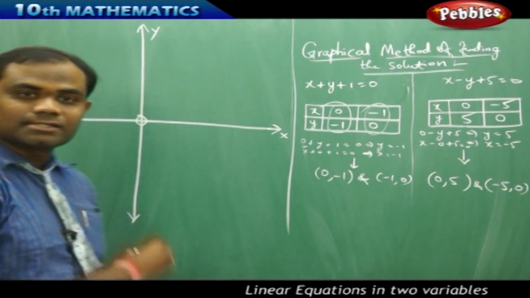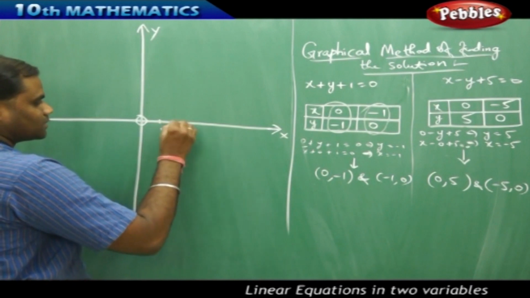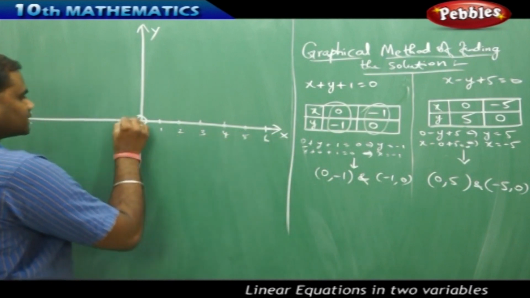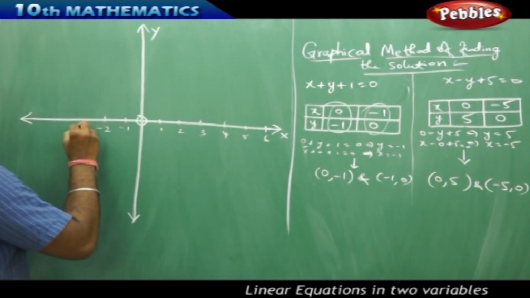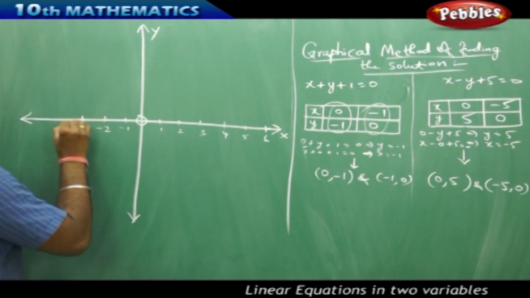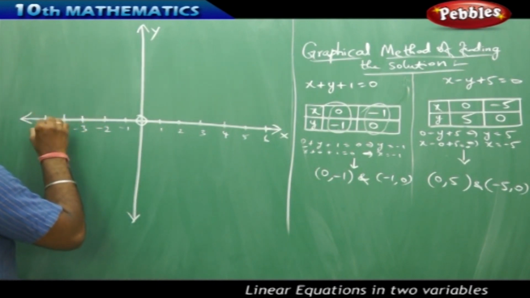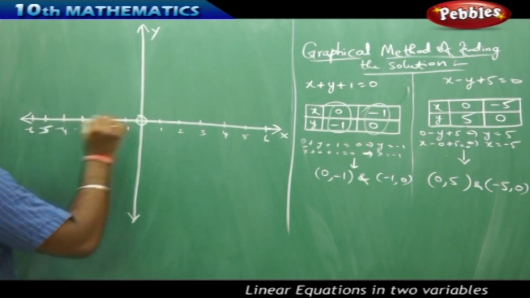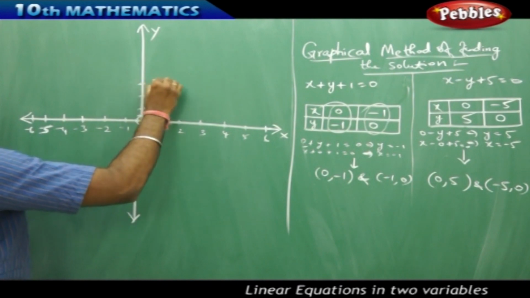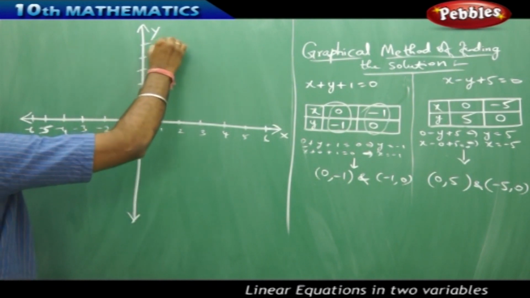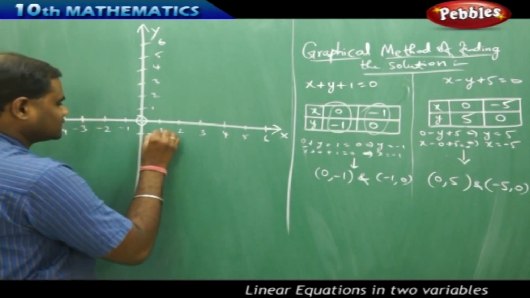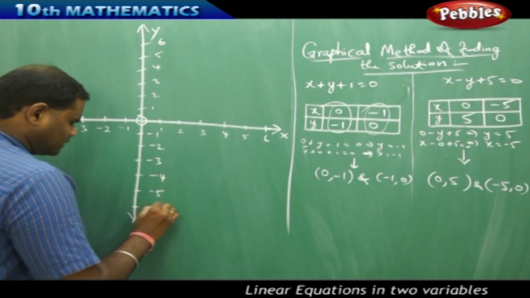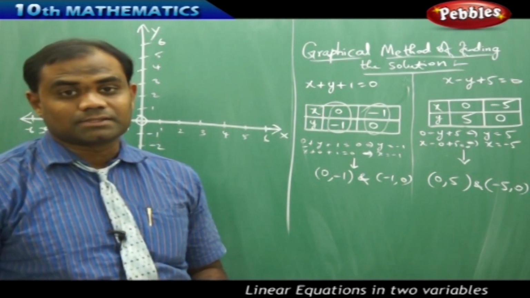Therefore, I take the scaling on the x and y axes, starting with 1, 2, 3, 4, 5 and 6, and then -1, -2, -3, -4, -5 and -6. Similarly, I get the same scale on the y-axis.